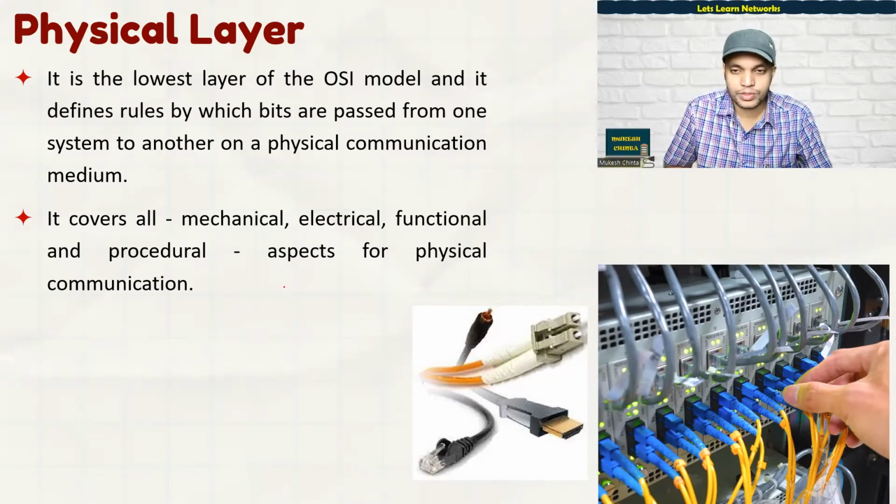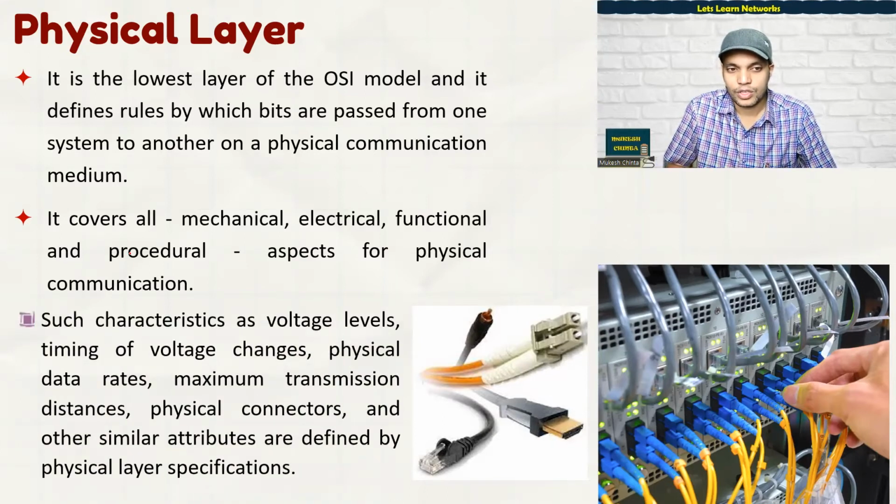What type of coding schemes are used, how the signal should be sent, what voltage you are using for an electrical signal, what is the duration of each bit. All those things are covered by your physical layer itself. So the characteristics such as voltage levels, timing of the voltage changes, physical data rates, maximum transmission distances, and the physical connectors. You can see here, this is an RJ45 connector, this is a BNC connector, this is a subscriber connector tip.